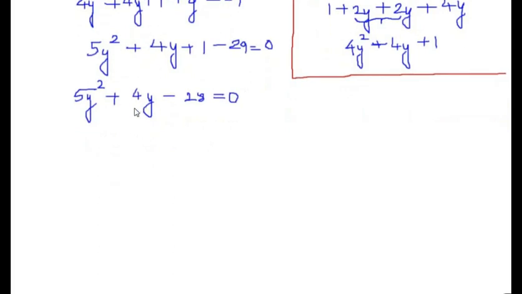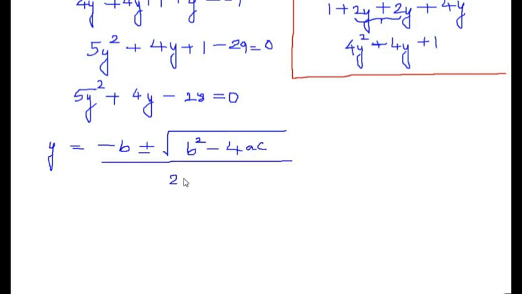Now I am going to use the quadratic formula again, but here in this case the variable is y, so this time I am going to write it as y equals minus b plus minus square root of b squared minus 4ac over 2a.